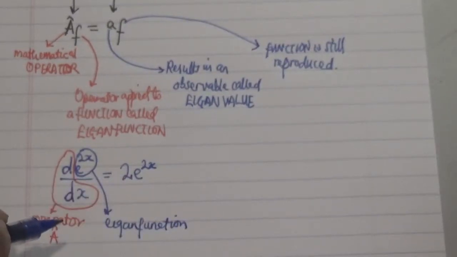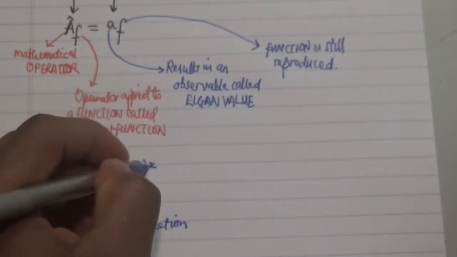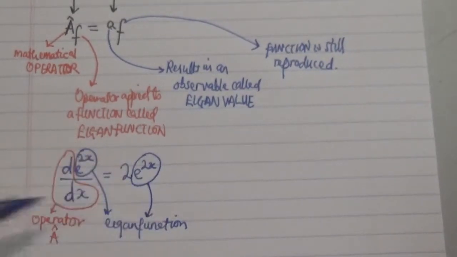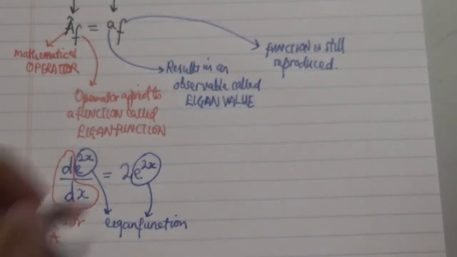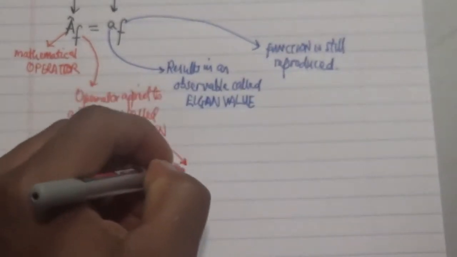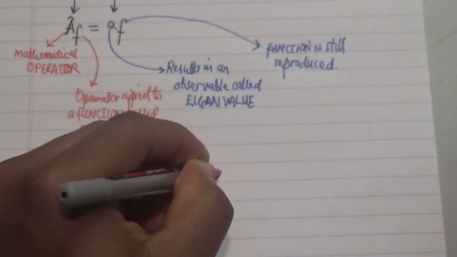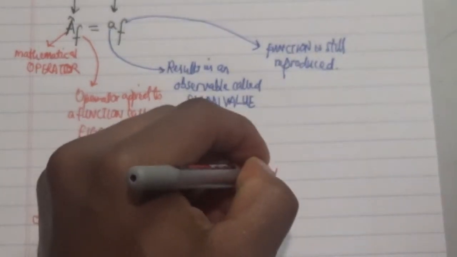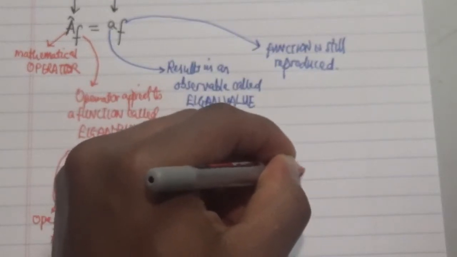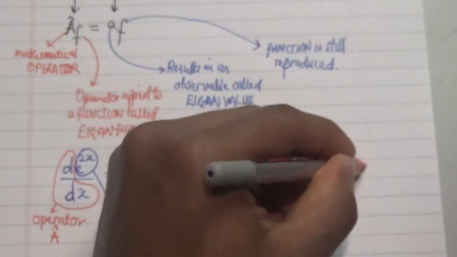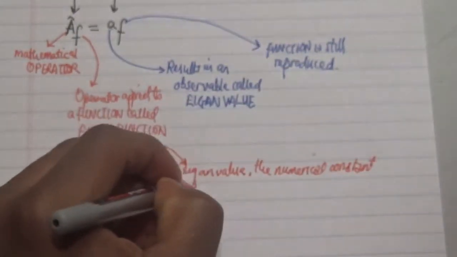Why am I calling it an eigenfunction? Because it is reproduced at the end, which is what we got over there. And our 2 is our eigenvalue, which is the numerical constant of the eigenfunction.